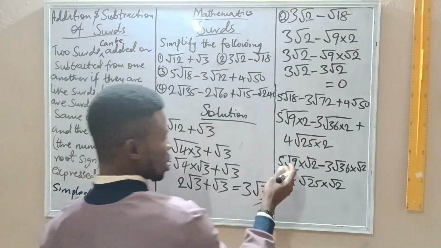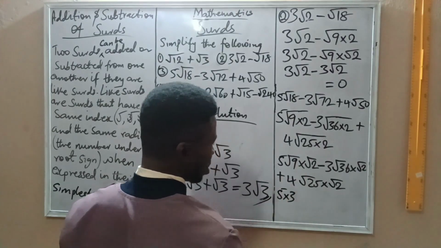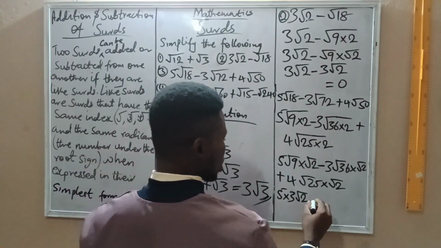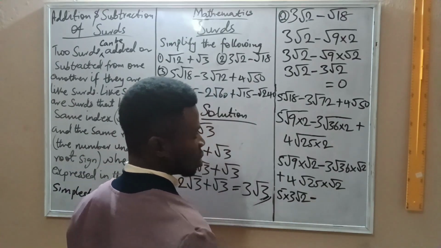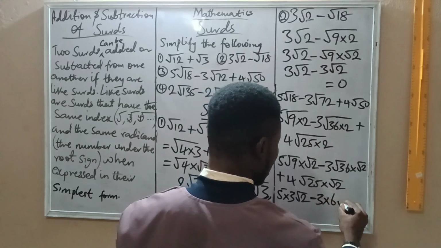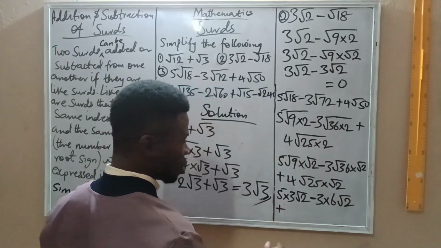Let's simplify. This is equal to 5 times √9, which is 3, √2. Then minus 3 times √36, which is 6, so we have 3 times 6 √2, and plus the last one.